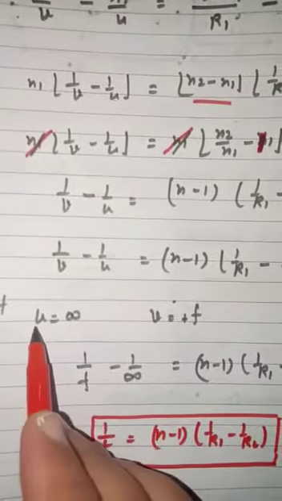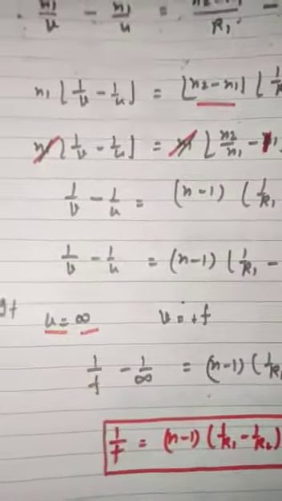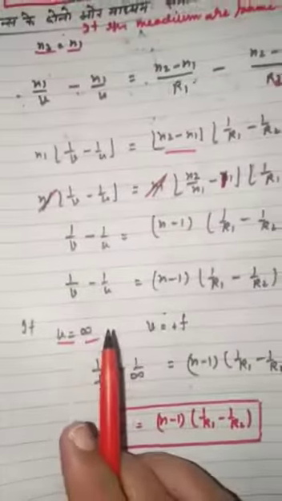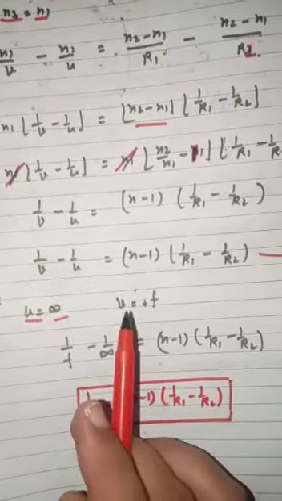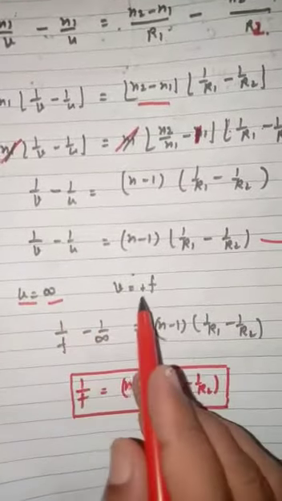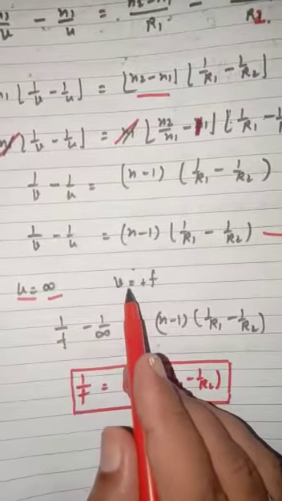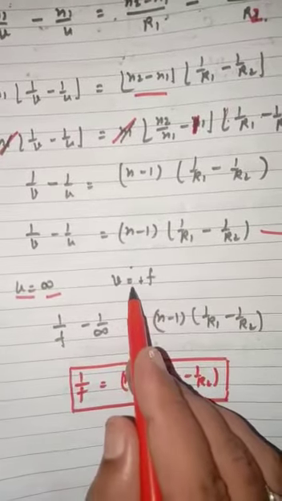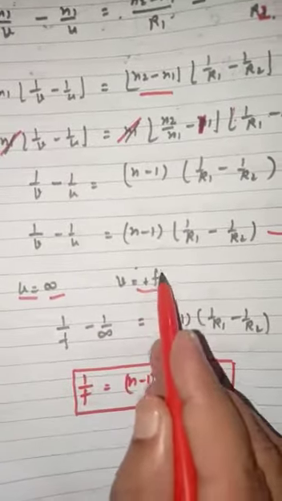If the object is placed at infinity, then the image is formed at the second focal point of the lens.